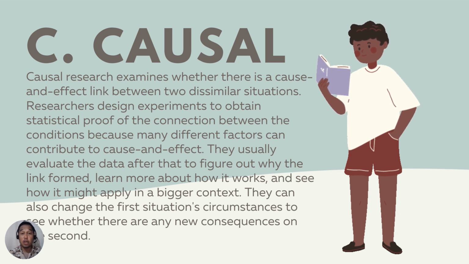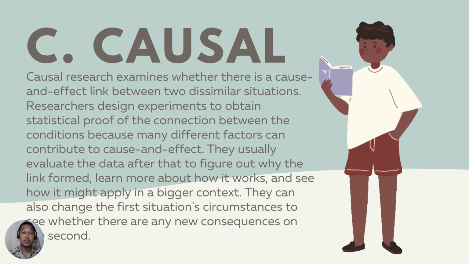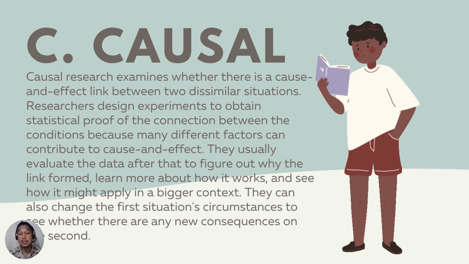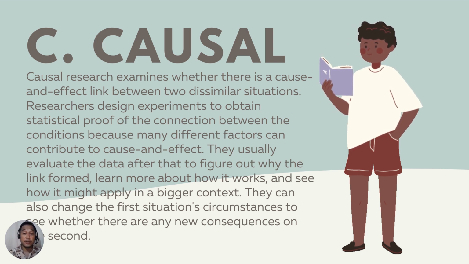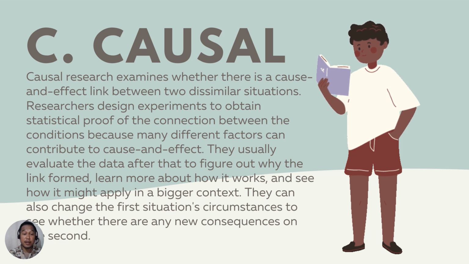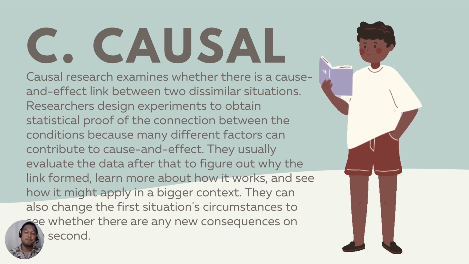So that's what makes causal different from correlation, because in correlation you're not going to identify the cause and effect relationship, but only if there is a significant relationship. So for causal, you're going to identify the link between two different situations and identify their cause and effect.